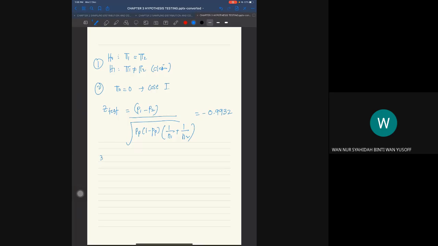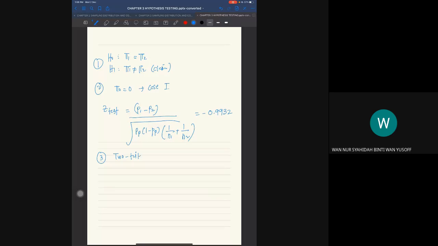Okay, step 3. The type of statistical hypothesis? Two-tail. What happened to the alpha?